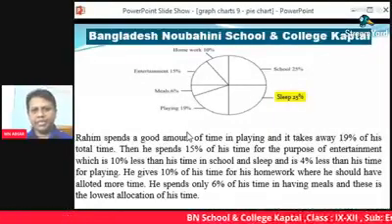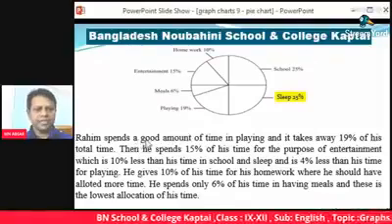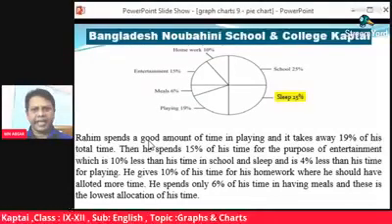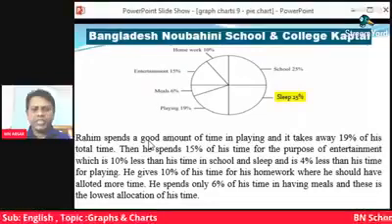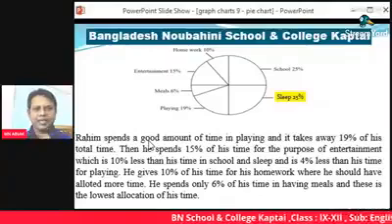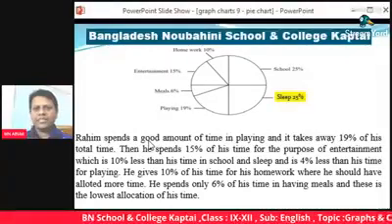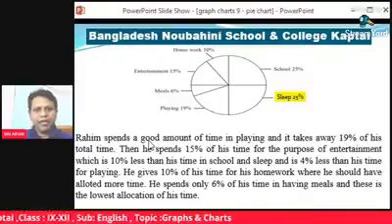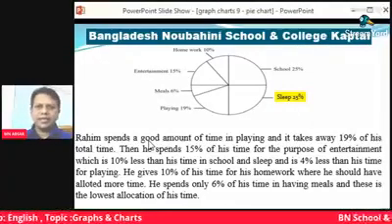That's why I've written here, Rahim spends a good amount of time playing. At first I didn't mention how much time he spent. I just wrote Rahim spends a good amount of time in playing.